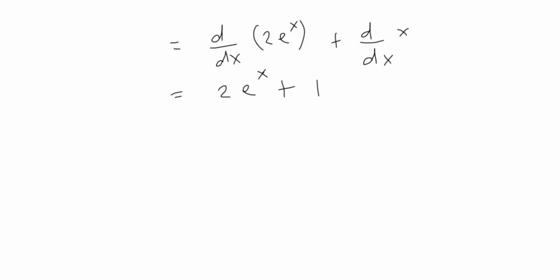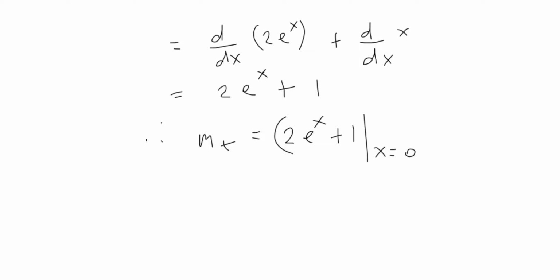Now to find mt, the gradient of the tangent line that we want, we have to evaluate this derivative at x equal to 0, where 0 is the x coordinate of the given point. So we have 2 multiplied by e to the x plus 1, evaluated at x equal to 0.